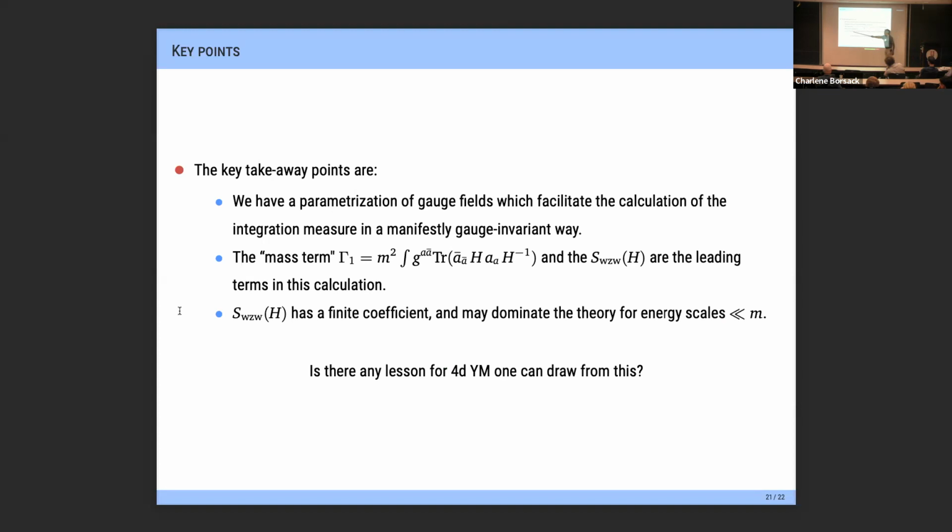It's a bit of a surprise that the Weizmann-Witten term has a finite coefficient, and there's a possibility that it would dominate the theory at energy scales much lower than it. So what is the reading of this for four-dimensional Yang-Mills theory? What are the conclusions one can draw? I can't really tell you because we are still trying to understand that, and that's what I hope some discussion can help. Okay, thank you very much.